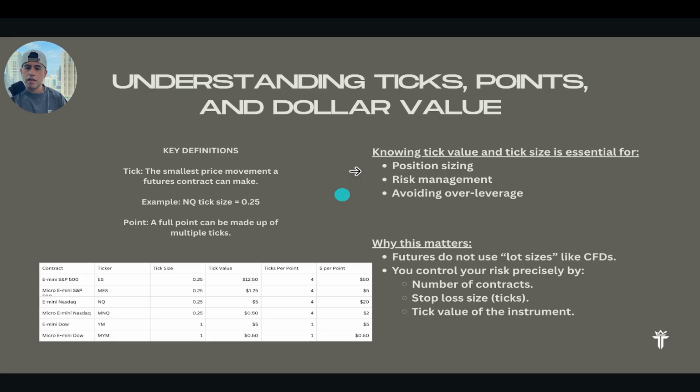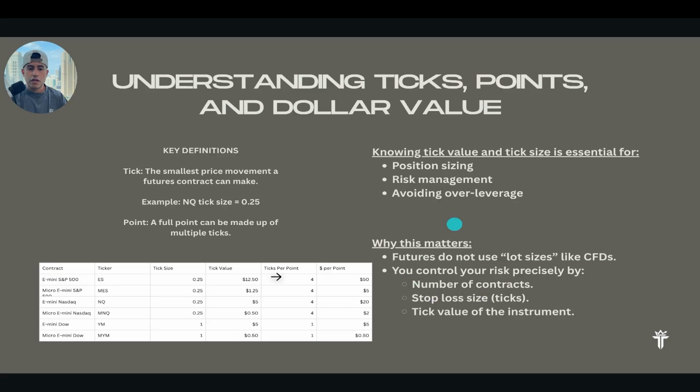Nice and easy. This is going to be really important though, because for position sizing, risk management, and so you're not over leveraging. And like I mentioned earlier, you're not using lot sizes anymore, and you're going to control your risk based on how many contracts you're using, what's your stop loss in ticks or points, and then what instrument, what asset are you trading.